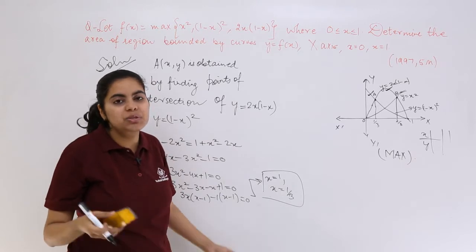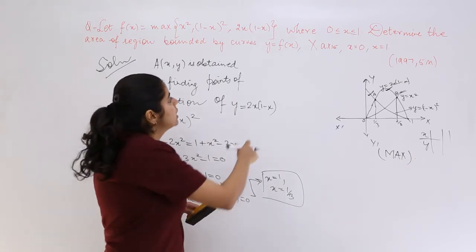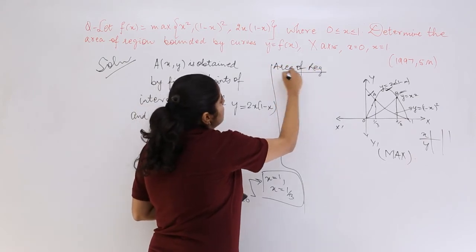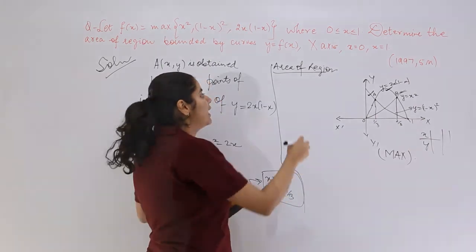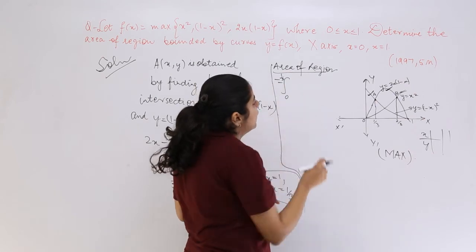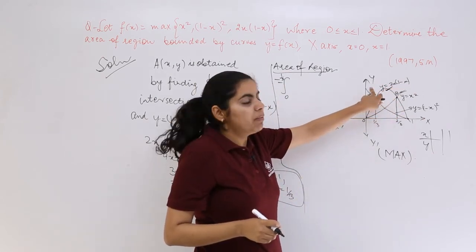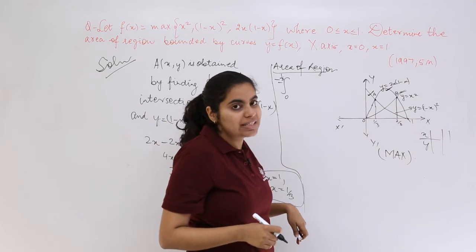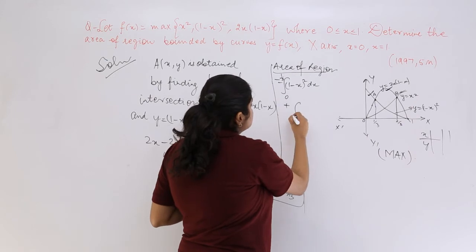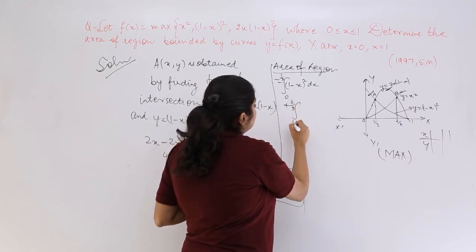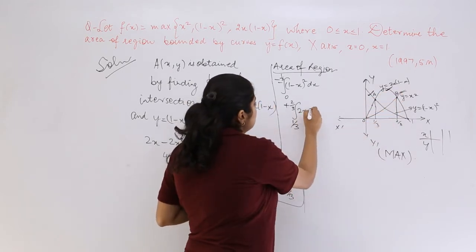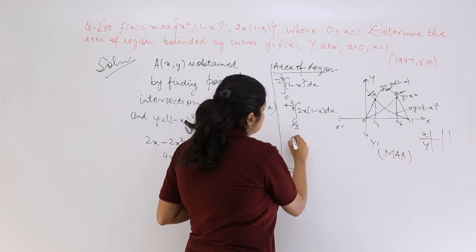When you know the maximums, you can directly find the area of the region. So let me write it. The area of the region is obtained as, from 0 to 1 by 3, I know this upper curve is maximum and it is (1 minus x) whole square, so the integral of (1 minus x) whole square dx, plus from 1 by 3 to 2 by 3, 2x(1 minus x) is maximum, so the integral of 2x(1 minus x) dx.